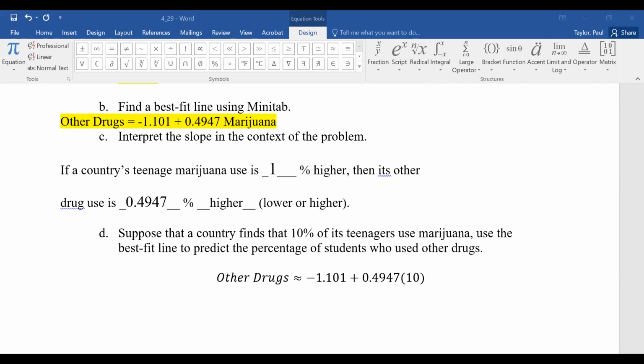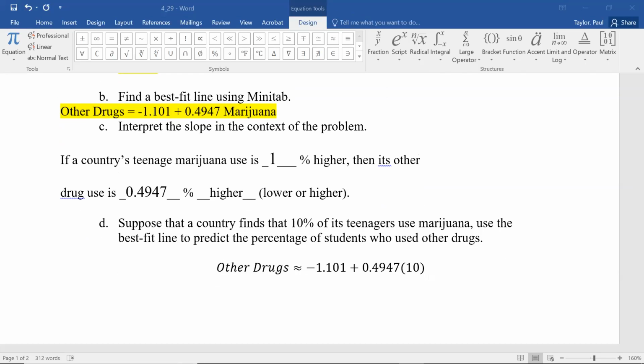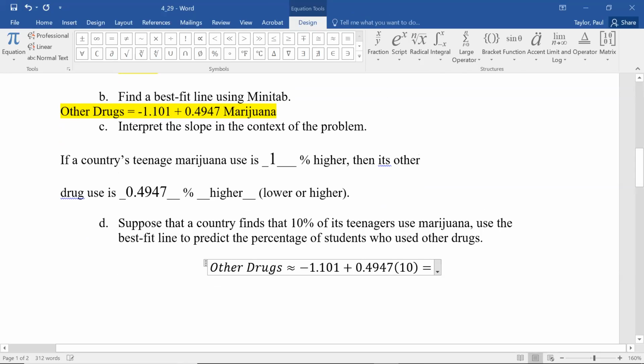So I'll quickly pull out my calculator, 0.4947 times 10, and then subtract off 1.101. And I'm getting 3.846. That's my guess.